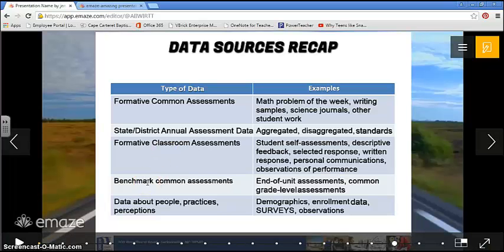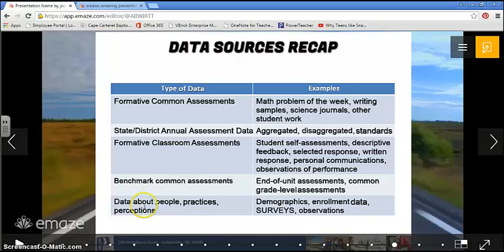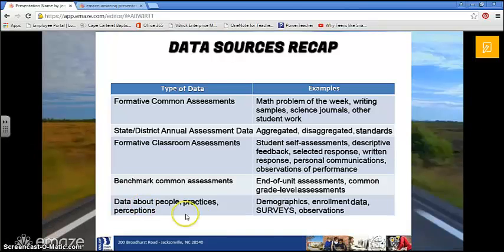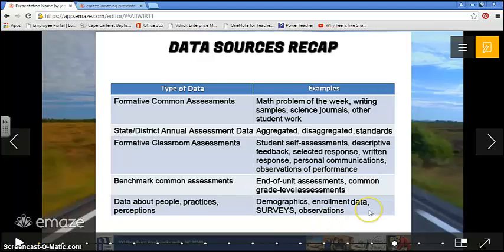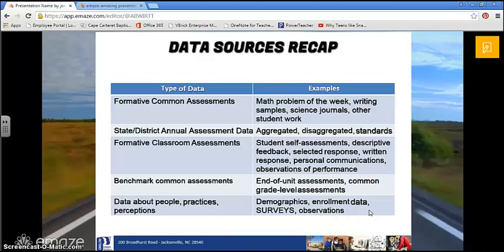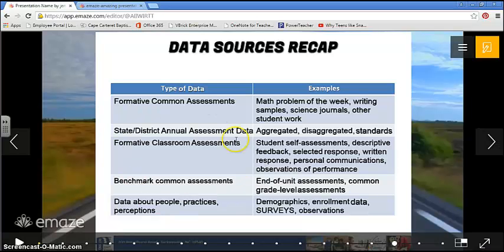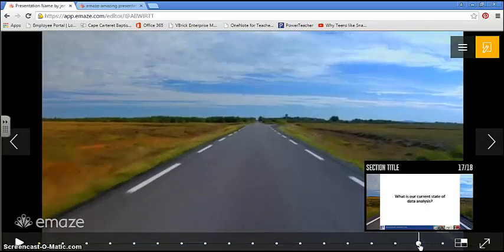And then also the benchmark common assessments, and then data about people, practices, and perceptions. So our ASSIST survey, our Bright Bite survey, our Speak Up survey, all of those things are our working conditions survey. All of those things we take into account to determine whether or not we're meeting the needs of all of our students.